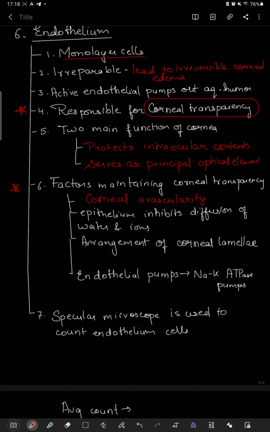Then there is a certain arrangement of the corneal lamellae, an ordered lattice. Then the spacing of the collagen fibrils is well maintained. Then the sodium potassium ATPase pumps are involved in the maintenance of the corneal transparency.